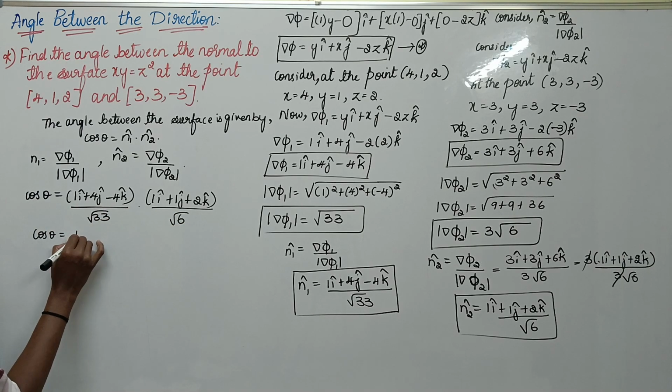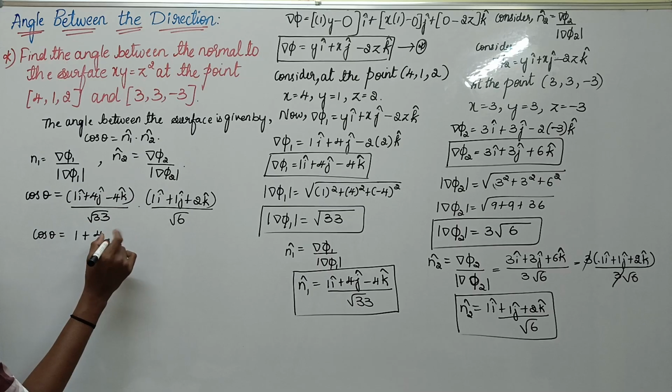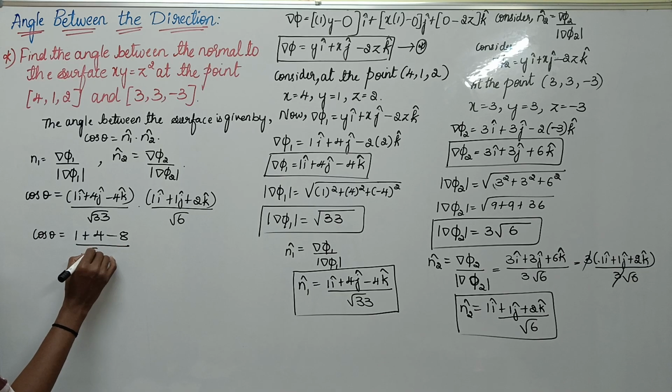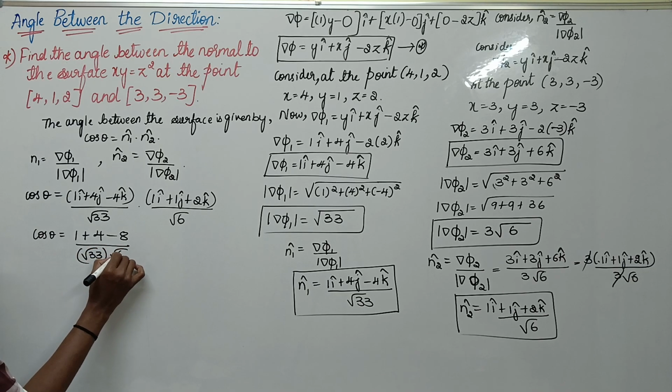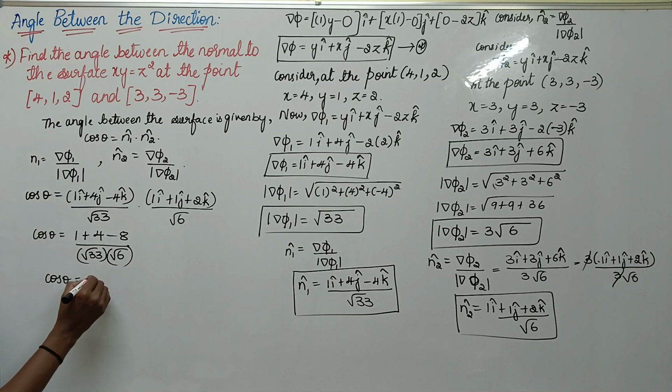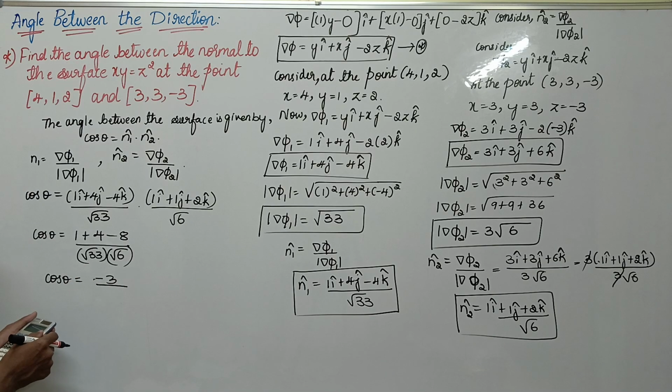Cos theta is equal to 1 into 1 for i into i, plus 4 into 1 for j into j, plus minus 4 into 2, which is minus 8, for k into k, whole divided by root 33 into root 6. So cos theta is equal to 1 plus 4 minus 8, you get minus 3, divided by square root of 33 into square root of 6.